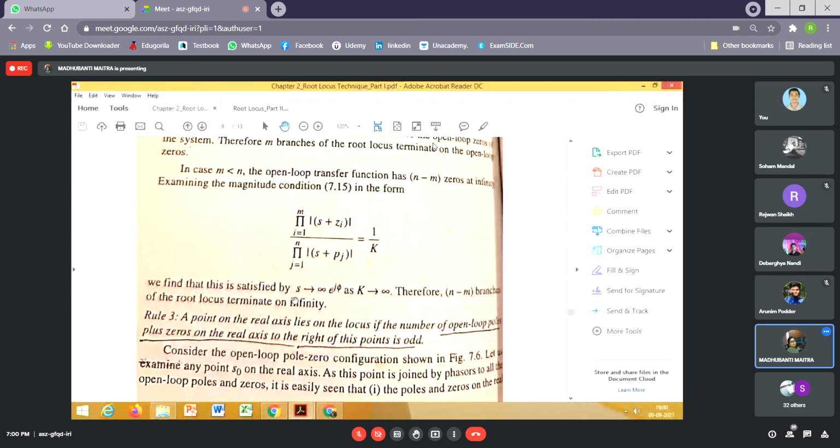Now if we assume that a point on the root locus is lying at infinity, then that particular point can be represented by this expression: s is equal to infinity e to the power j phi. S is a complex number. It will have a magnitude as well as a phase angle.